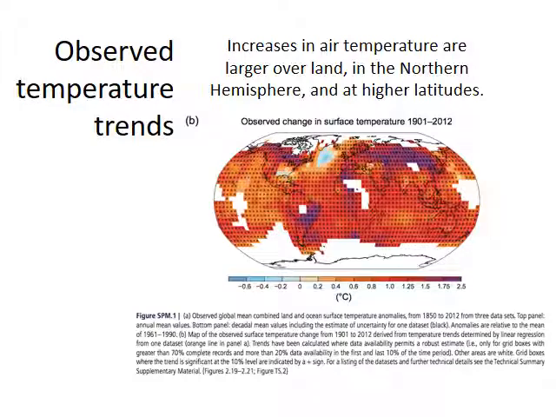So here, this is a somewhat different view. Now you see a spatial map of the changes in surface temperature over the past 110 years or so.